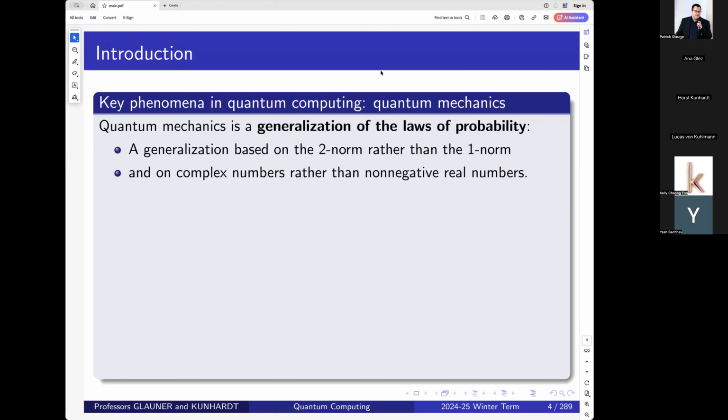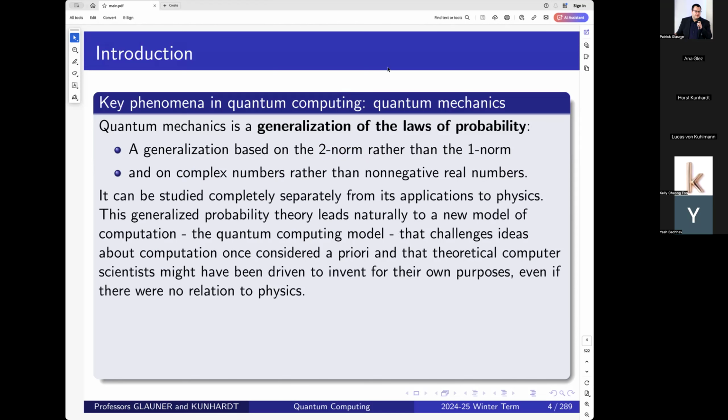And we are not dealing just with real numbers, but we will in fact deal with complex numbers in the two norm. And this in fact allows us to build a generalization of the laws of probability theory. And that generalization will be used in quantum computing. Obviously, we need a link to physics as well, but quantum mechanics can be seen quite independently of physics, in fact, as a generalization of the laws of probability.